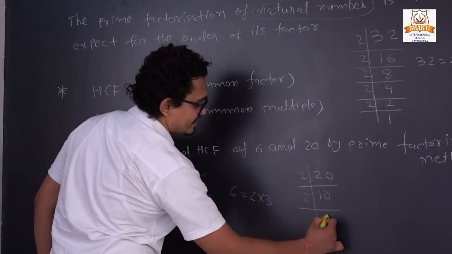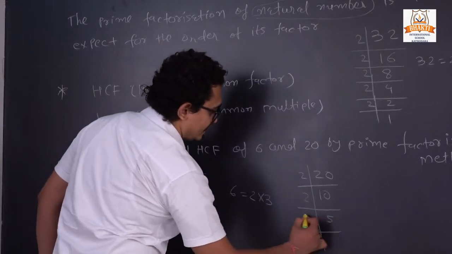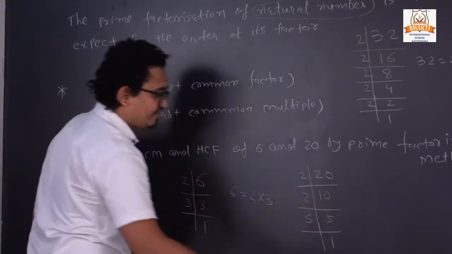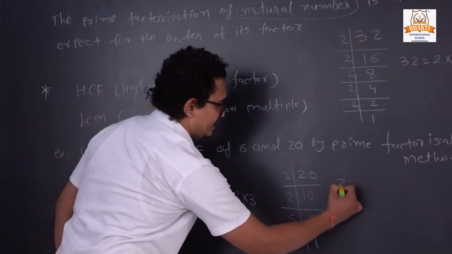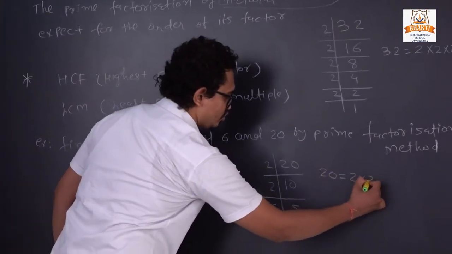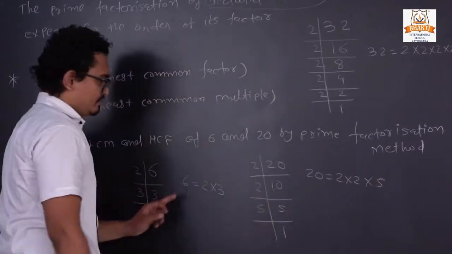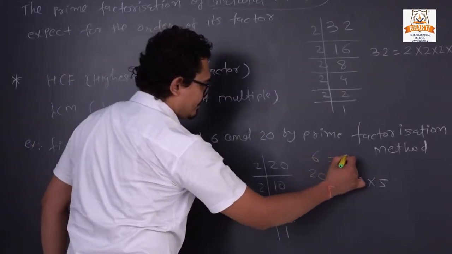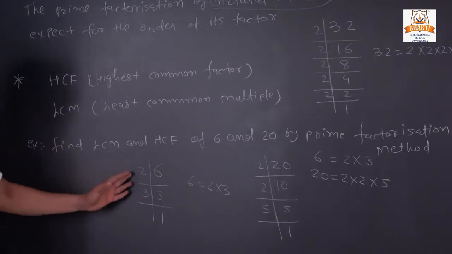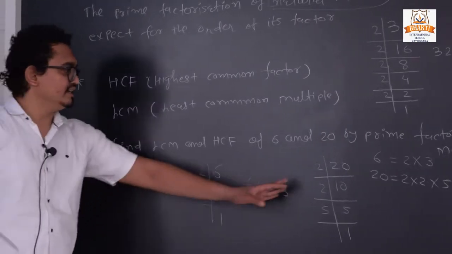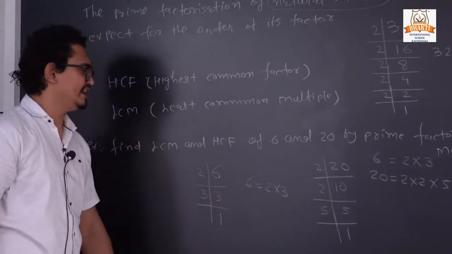Once again it is divisible by 2, and 5 ones are 5. So the prime factorization of 20 is 2 into 2 into 5, and the prime factorization of 6 is 2 into 3.